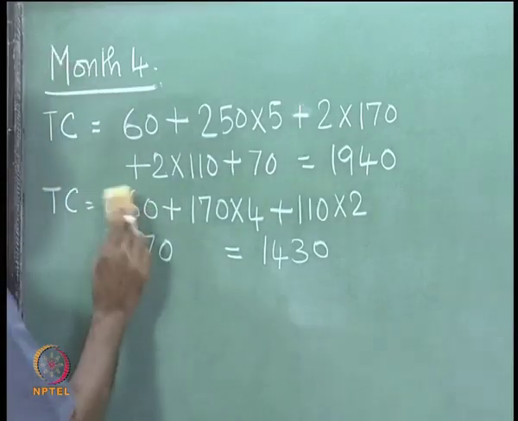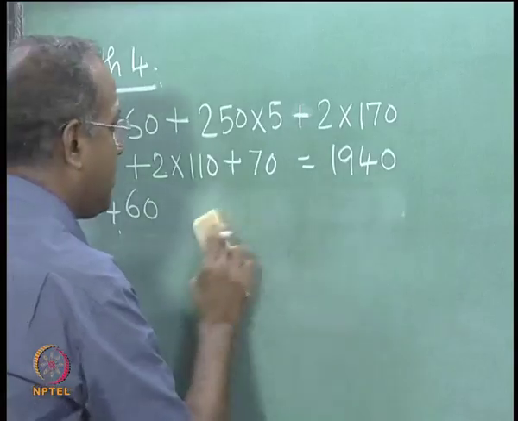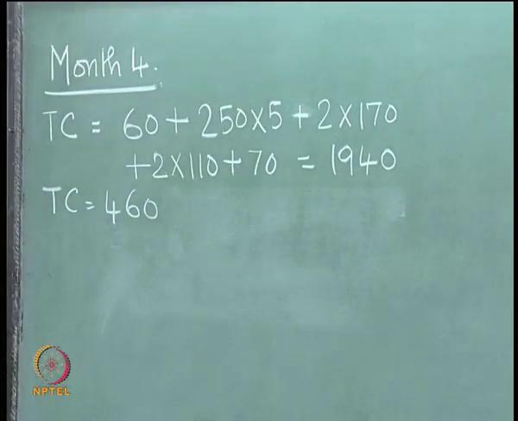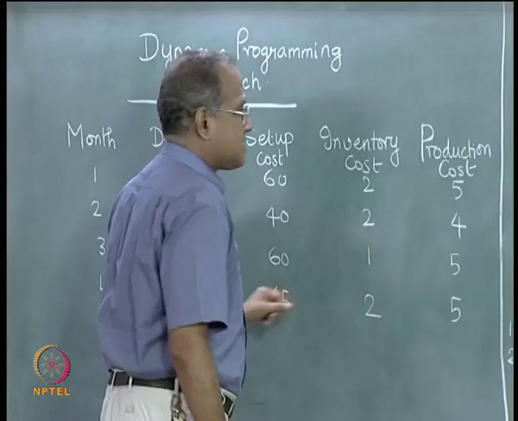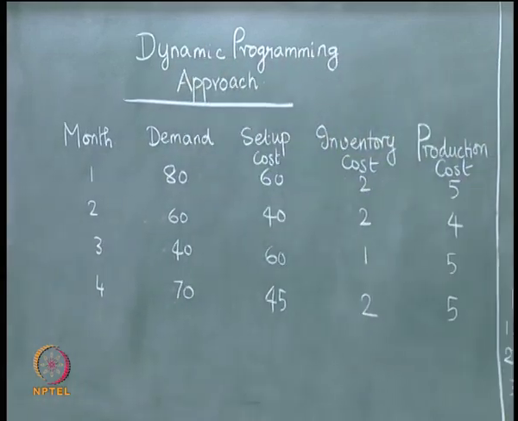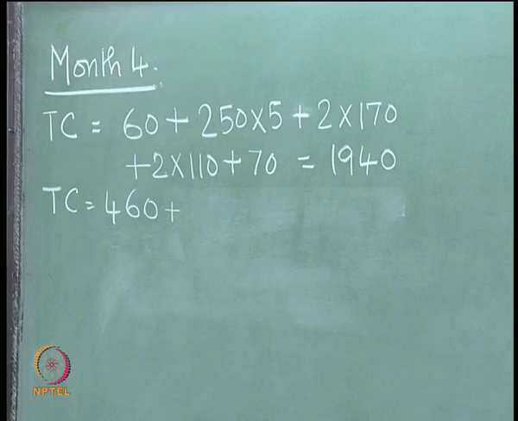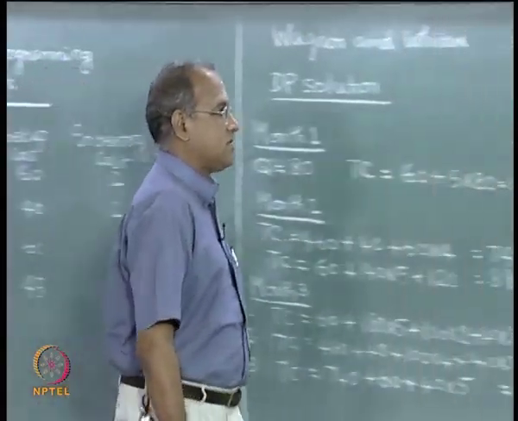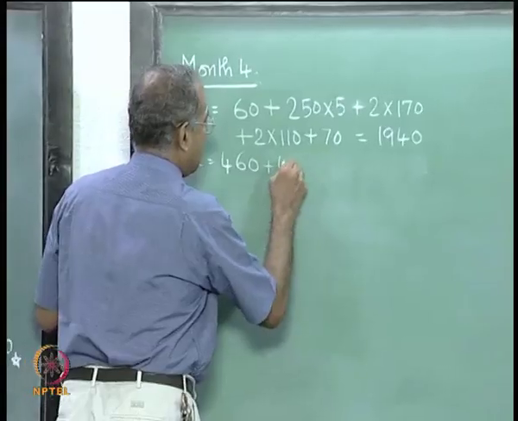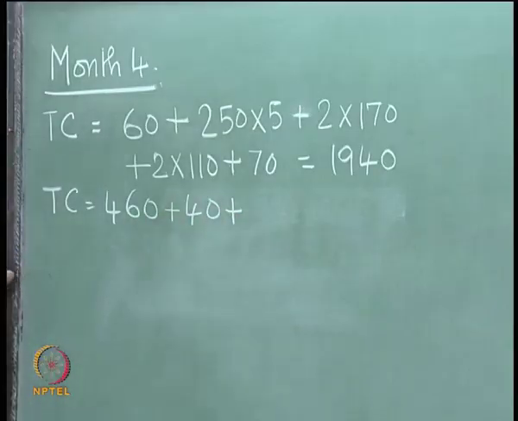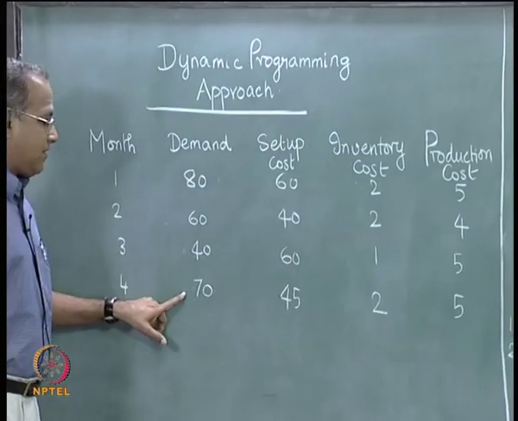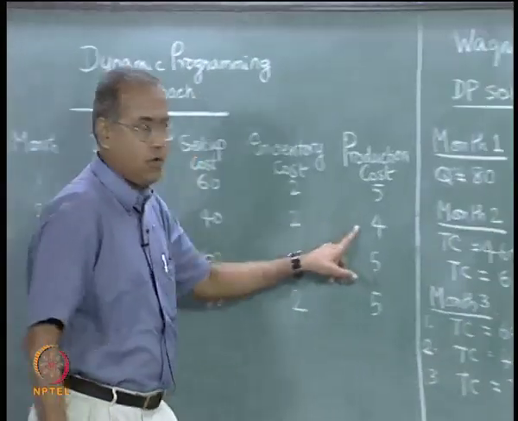So, let me do it again from the beginning. So, the 460 is carried from here. There is a setup cost of 40 for this period. The production quantity is 170 and the cost is 4.